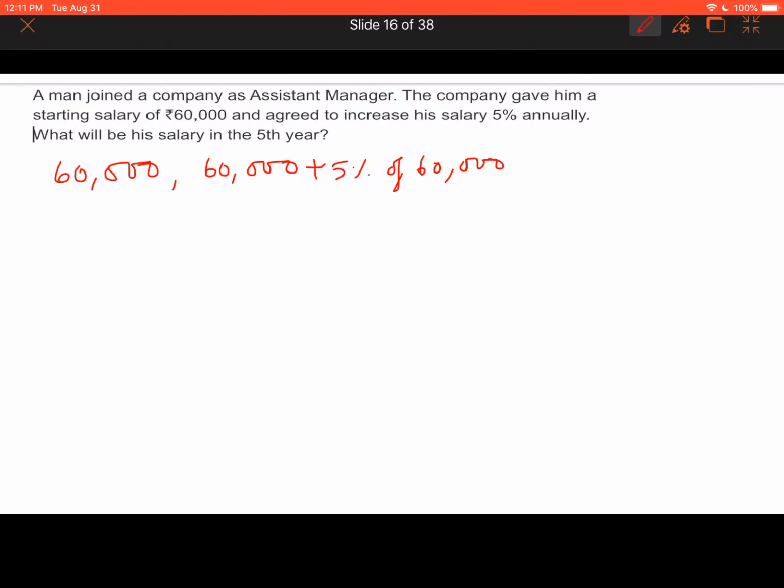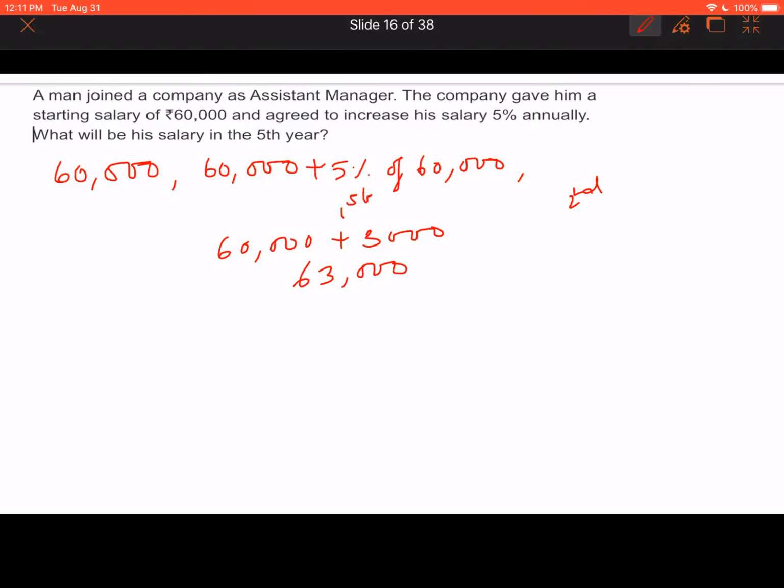Okay, so in the next year, he'll be getting... this is the first year. At the end of the second year, 5% of 60,000 is 3,000, so he'll be getting 63,000 at the end of the first year.